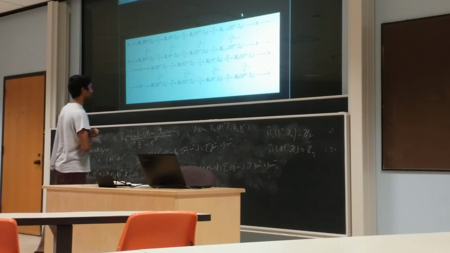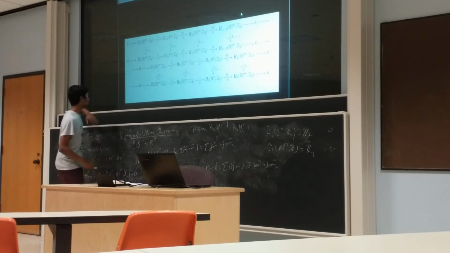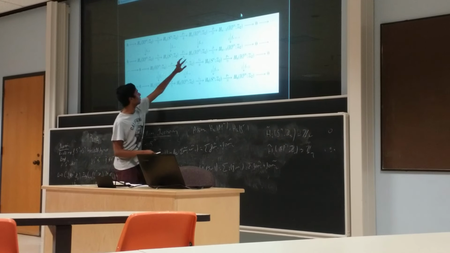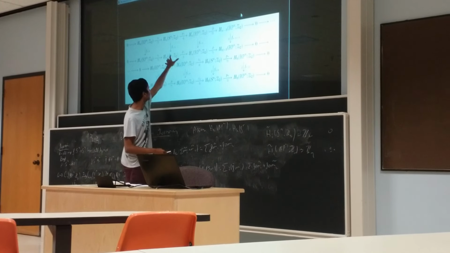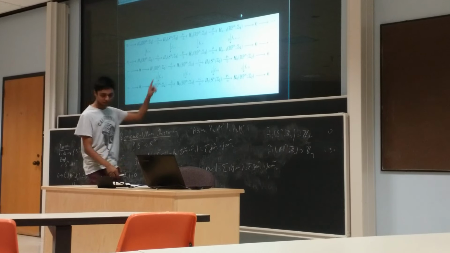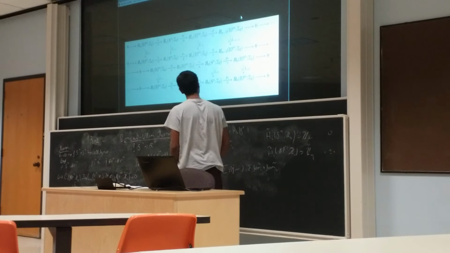The base case can be handled separately. So we have that these are isomorphisms for all dimensions less than n. In particular, we know that this is an isomorphism. That's by the induction hypothesis.